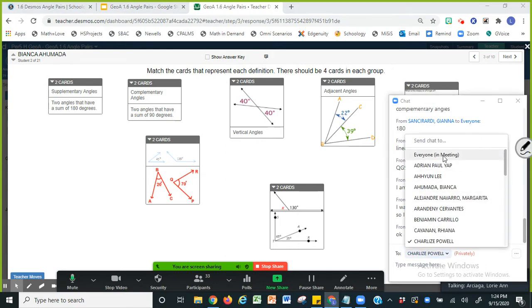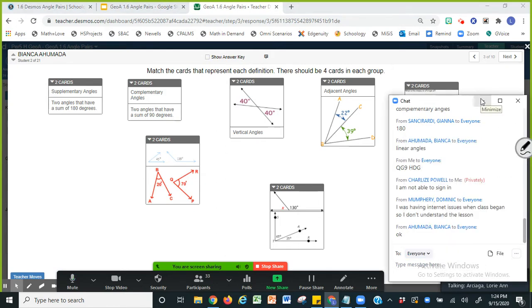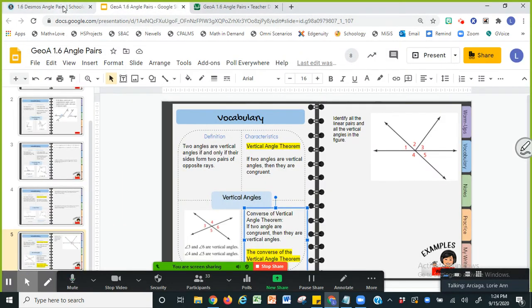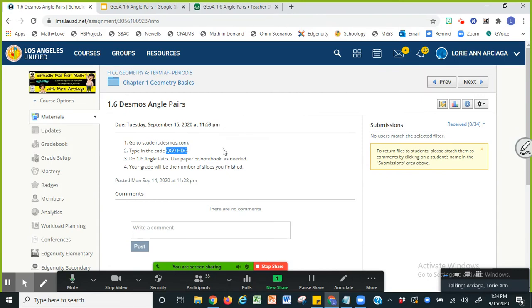All right, so to begin with, Dominic, open your 1.6 activity in Desmos. This one, or in Schoology. That's where you get the instructions from. You have to go to this website and then you have to type in the code. If you need to do some scratch work, you could do that on a piece of paper. But your grade for this one will depend on the number of slides that you finish.